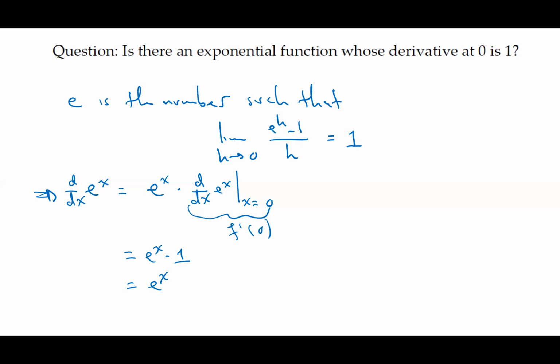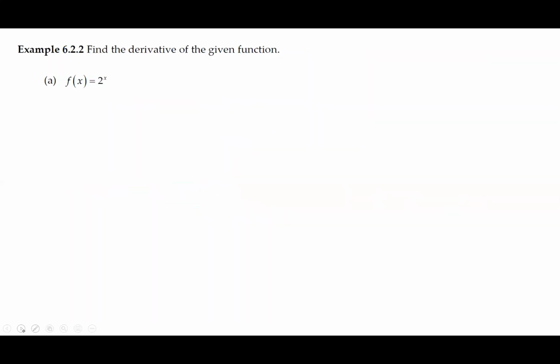Very fascinating result. So let's use this fact, namely that the derivative of e to the x is e to the x. Let's use this along with some of the stuff we've learned in previous calculus courses to differentiate and integrate. So f of x equals 2 to the x. Well, this one's going to be a little bit unsatisfying, but I'm giving it to you now because I want to return to it later.